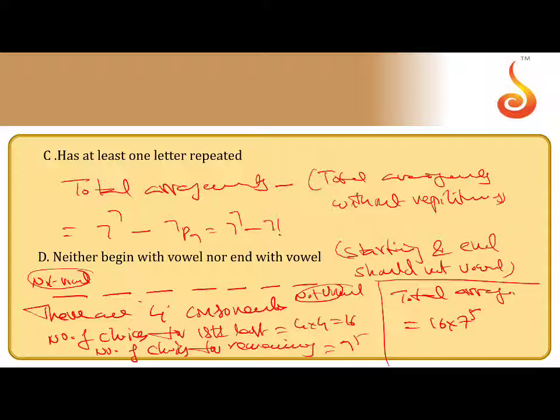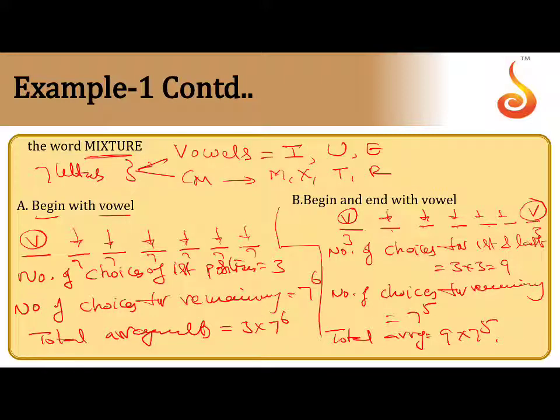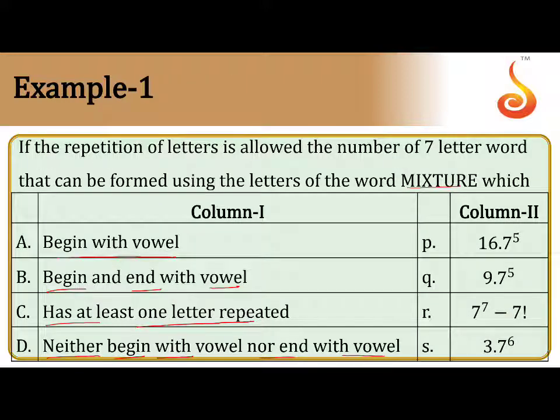So now we can go for matching. The first one, begin with a vowel, 3 into 7 power 6, A matches with S. Begin with a vowel and end with a vowel, that is 9 into 7 power 5, so B matches with Q. Next, has at least one letter repeated means total arrangements minus this one without restriction, so that is C, R only.